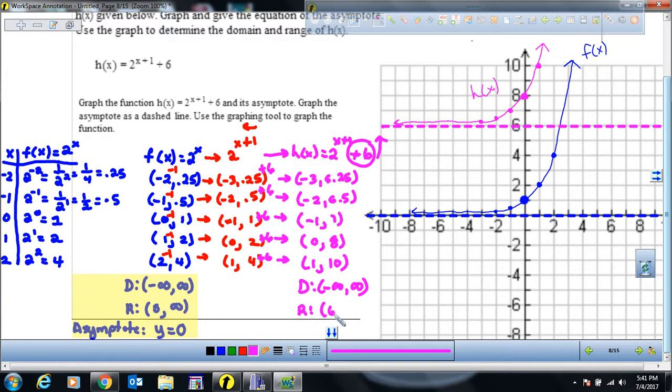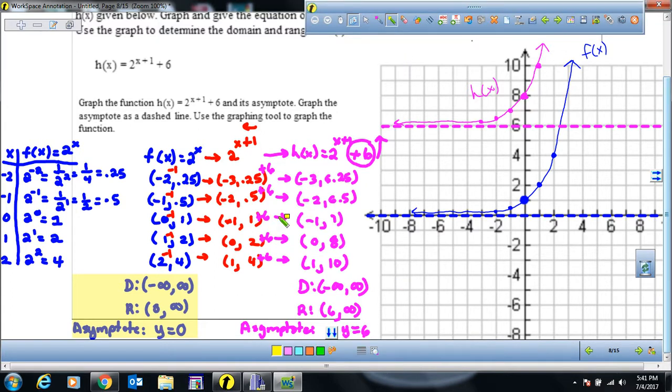So it's going to be from positive 6 with the parentheses, which means not including 6, all the way to infinity. And last but not least, what is the asymptote of this function? It is y equals 6. It gets close to 6, but it never reaches 6. And those are the attributes of the function h of x, and these are the attributes of the function f of x.